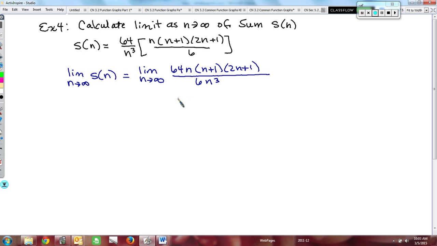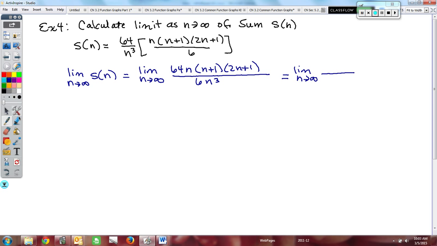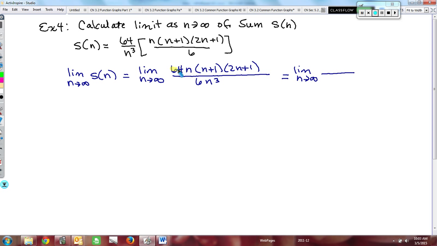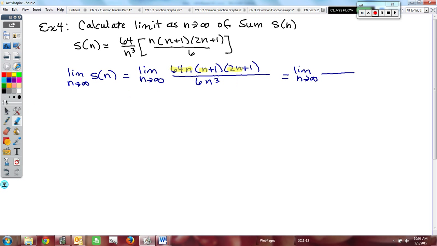What I want you to remember is that when we're calculating limits of rational functions, the only thing that matters is the dominant term in the top and the dominant term in the bottom. I obviously do not want to multiply this completely out because that would be tedious and take forever. You should be able to recognize that if you take the highest degree term of each factor and multiply those out, that gives you the dominant term.